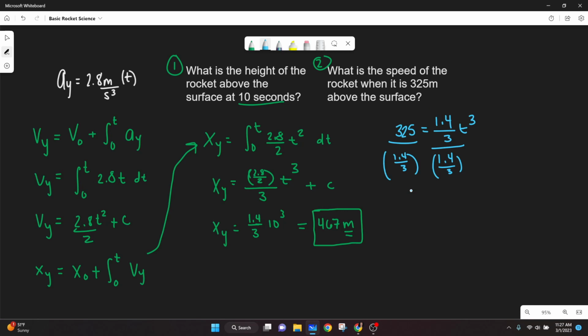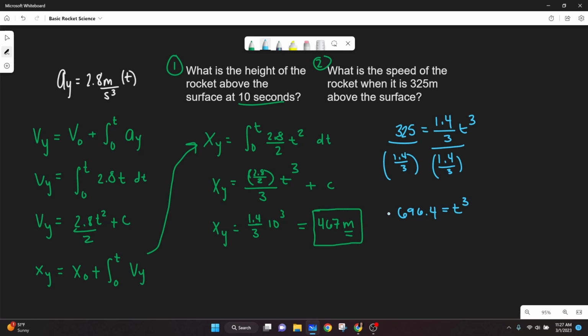I don't know what that is. Let's use a calculator. It is roughly 696.4. We'll use one significant digit, I guess. I think we can call it. And that is equal to t cubed.